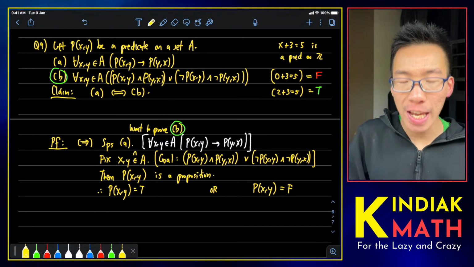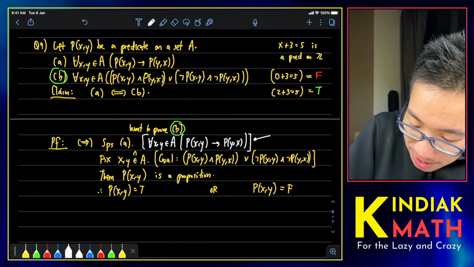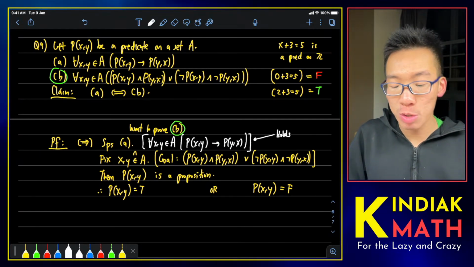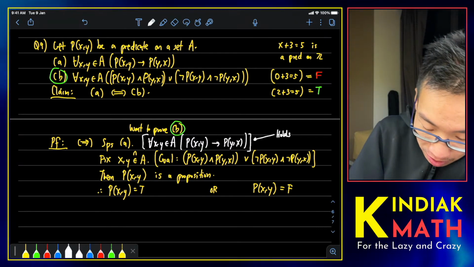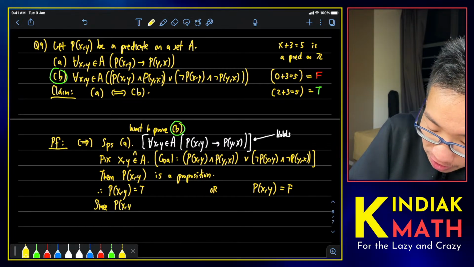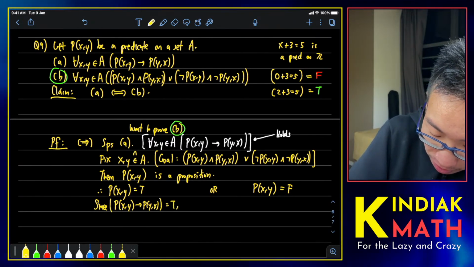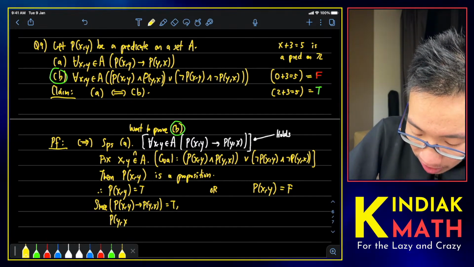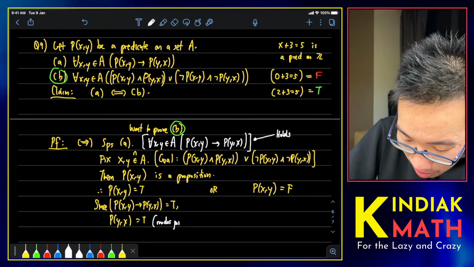Well, if P(x, y) is true, and we know that this statement holds, in other words, we are assuming that A is true, and we know that P(x, y) is true. What does that tell us? Well, since the implication is assumed to be true, we can conclude that P(y, x) is true. And we have a name for this, it's called modus ponens.